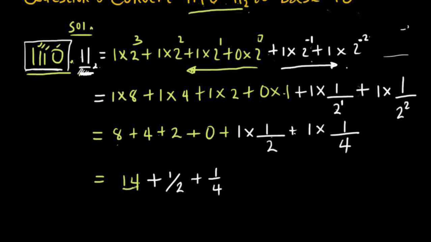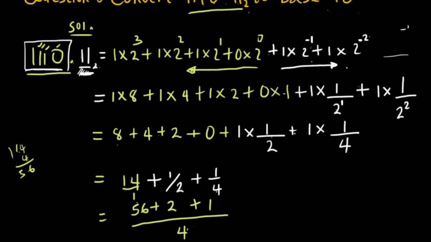Now we can solve them together. Find the LCM. LCM of 1, 2, and 4 is 4. 4 in 1 is 4. 14 times 4: 4 times 4 is 16, 6 carry 1; 4 times 1 is 4, plus 1 is 5. So we have 56, plus 4 divided by 2 is 2, 2 times 1 is 2; 4 divided by 4 is 1, 1 times 1 is 1.